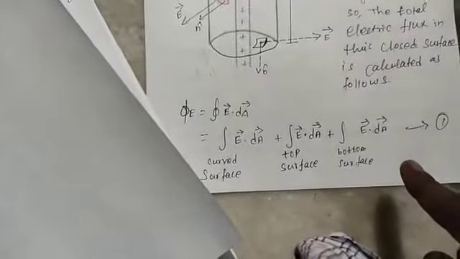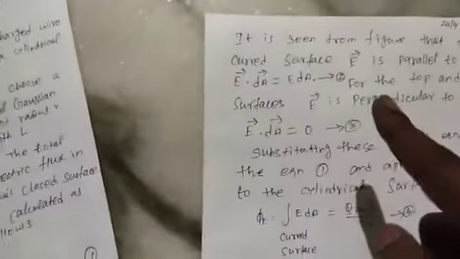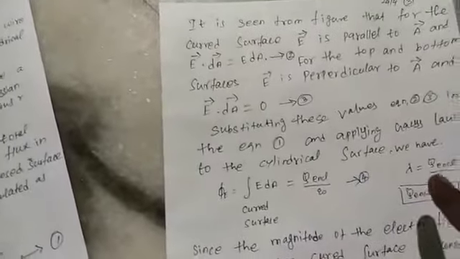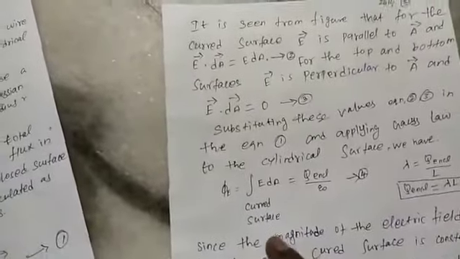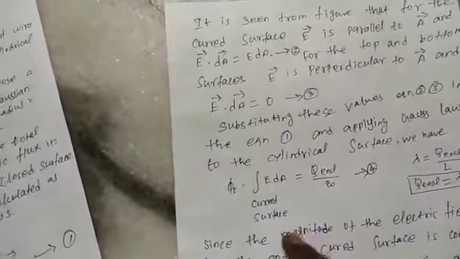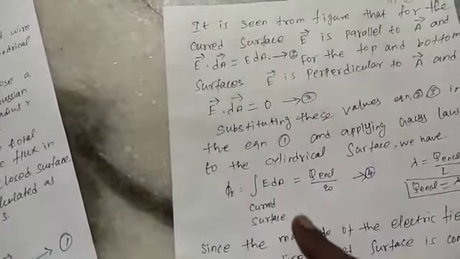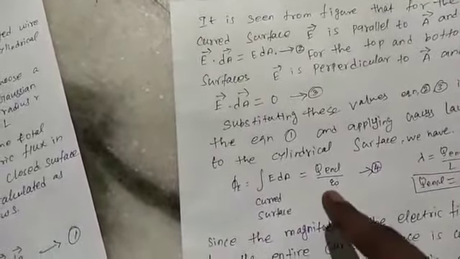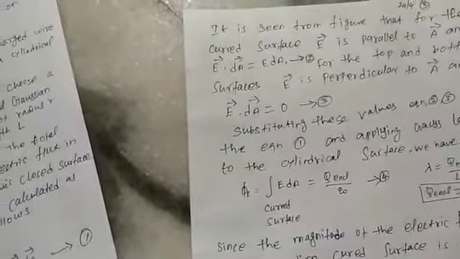Substituting these values of equations 2 and 3 in equation number 1, and applying Gauss law to the cylindrical surface, we have phi equal to the curved surface integral of E dA equal to Q enclosed by epsilon naught.